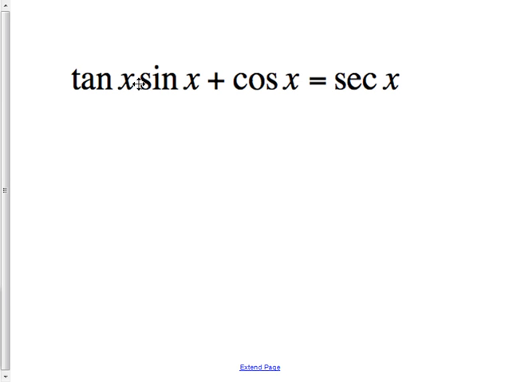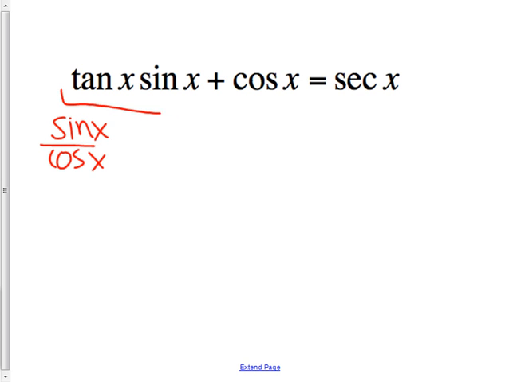Try this one out. Okay, so first thing I'm going to want to do is change this tangent into sine x over cosine x.